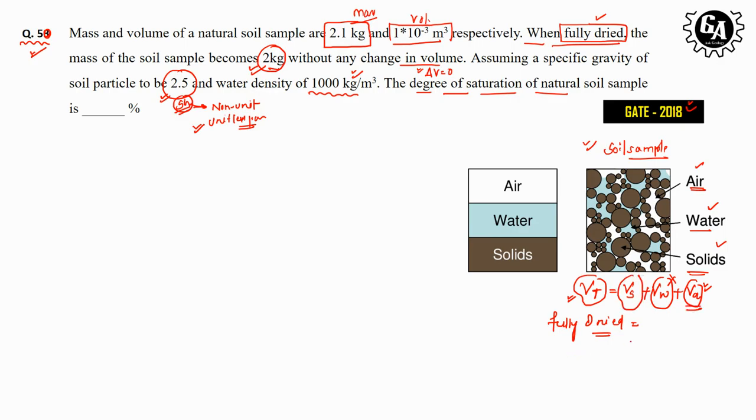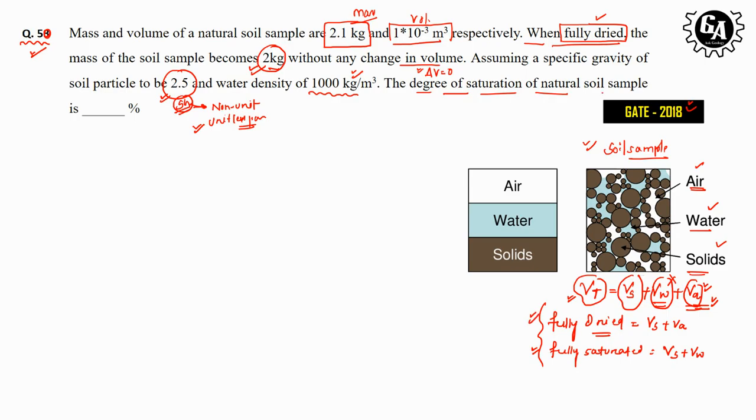And if it is fully saturated, then all the volume of air is filled by water. So if it is fully dried, then volume of solid plus volume of air, and if it is fully saturated, then volume of solid plus volume of water is there. There will be no void space present if it is fully saturated.